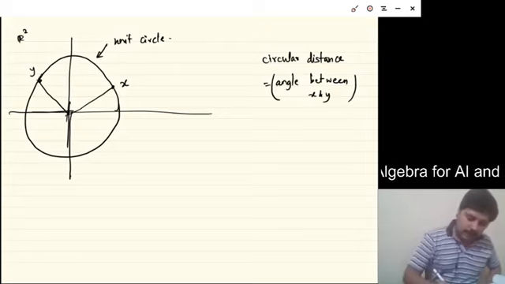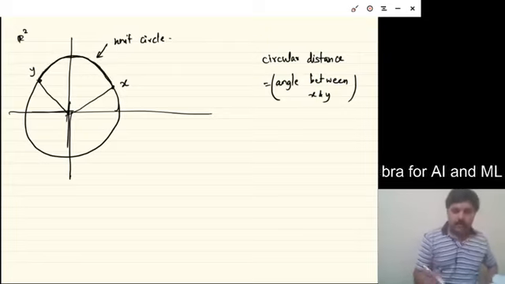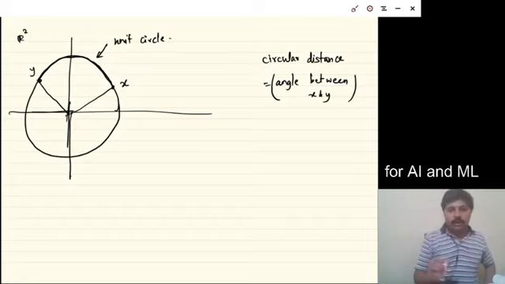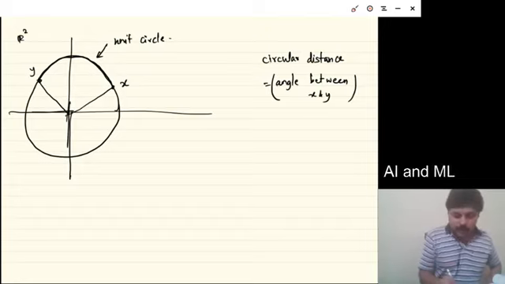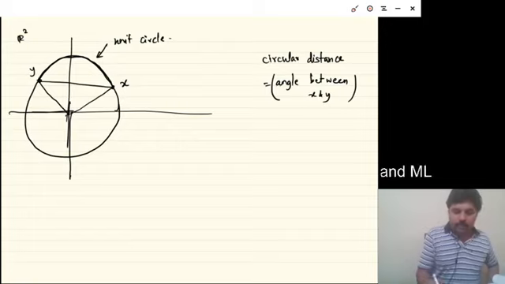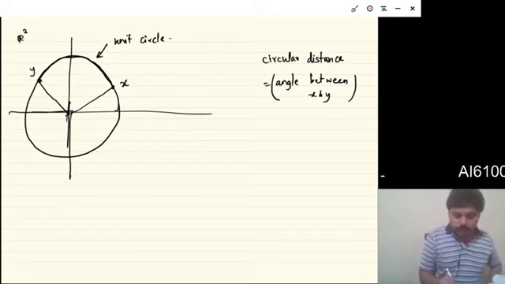So that angular distance will be basically this, whereas if you look at the Euclidean distance between these two vectors, then that Euclidean distance will be actually this. Maybe I can use a different color to show you that this is the Euclidean distance.